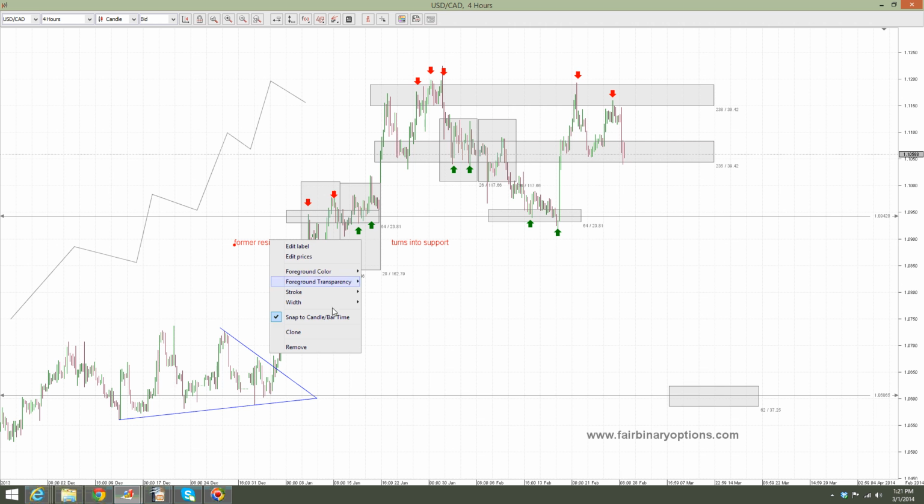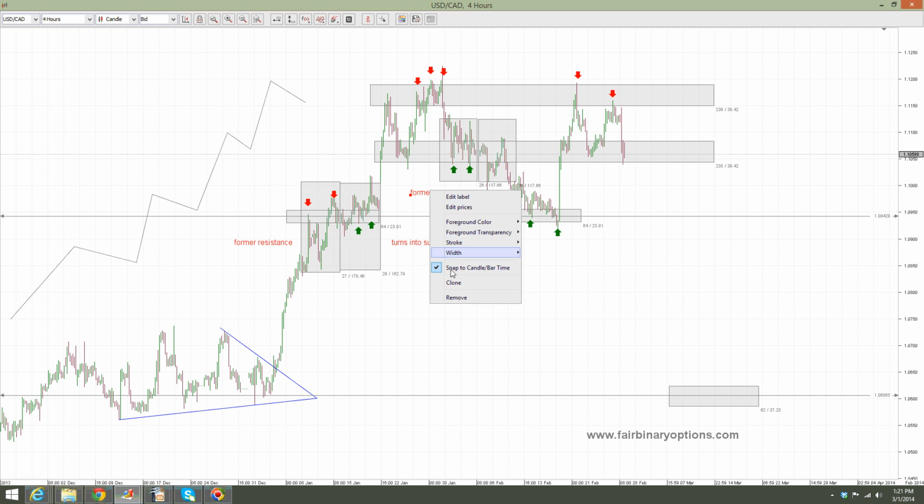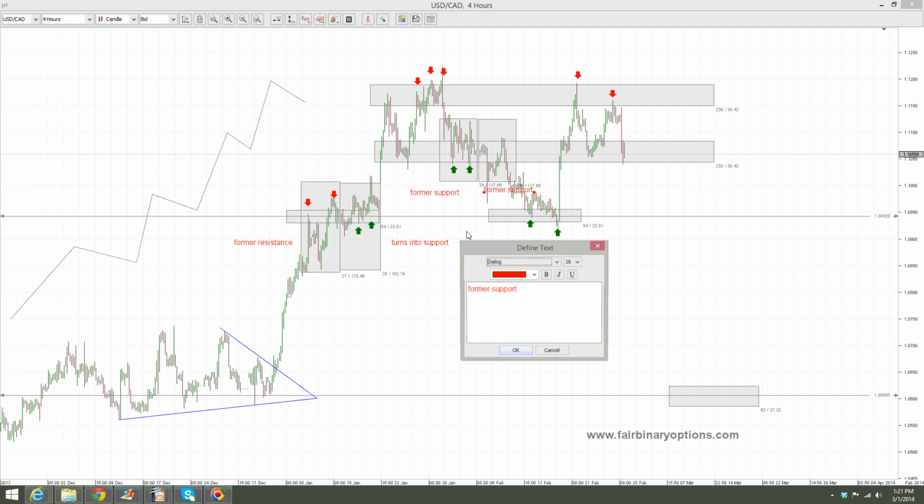This forms a support, which actually turns into resistance.